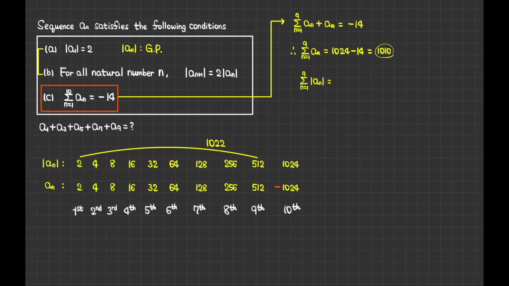It's 1022. We already got it. So what I'm going to do is find the difference between these two sums, subtracting the sum of abs of a_n and a_n. We're just basically subtracting this and this, right? It becomes 12.